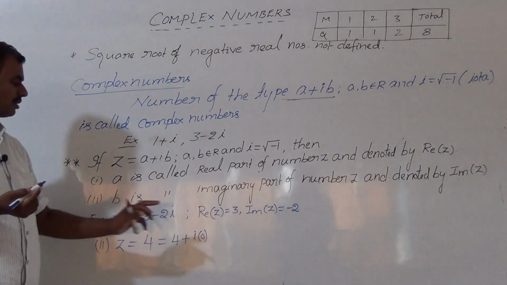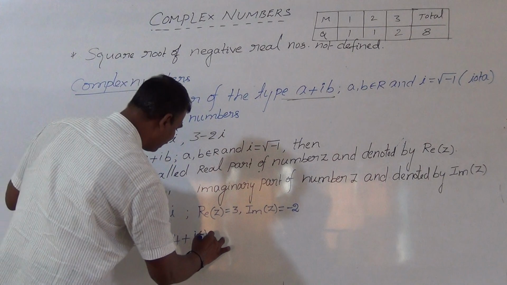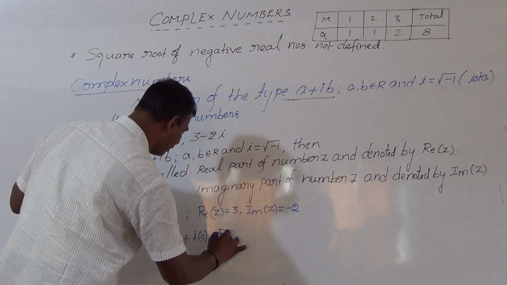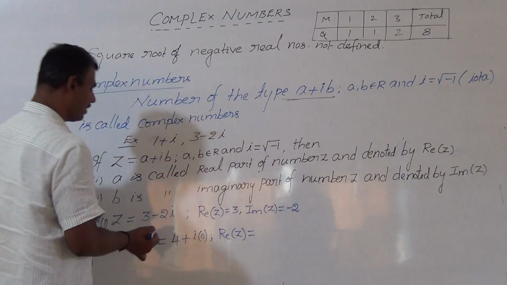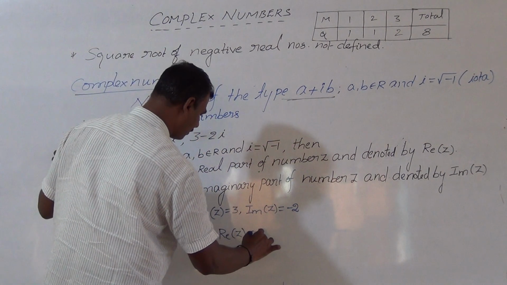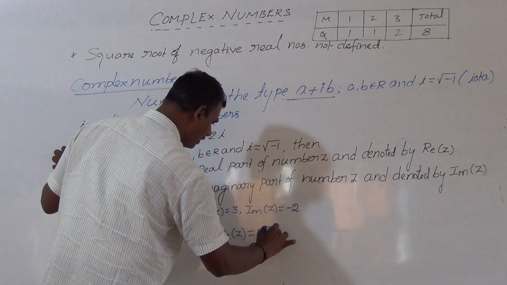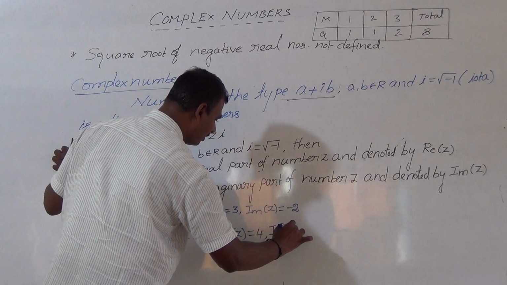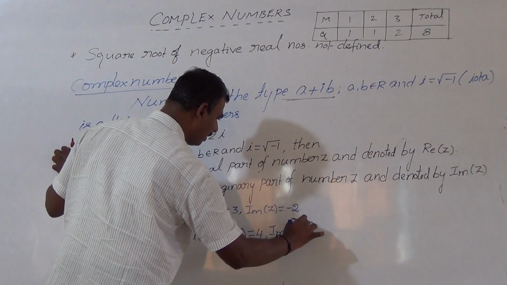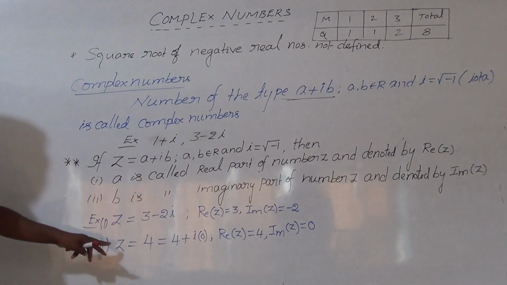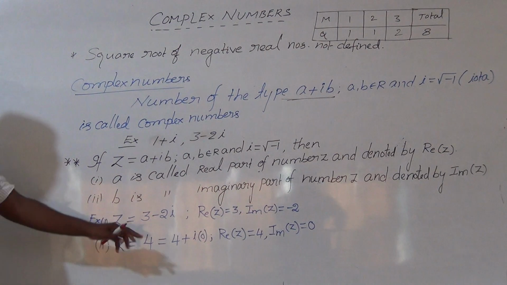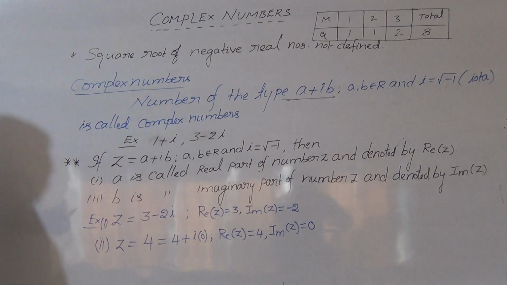Hence it is also a complex number. In this case, what is the real part of z? Real part of z is equal to 4. What is the imaginary part of z? It will be 0. So imaginary part of z is equal to 0 and real part of z is equal to 4.